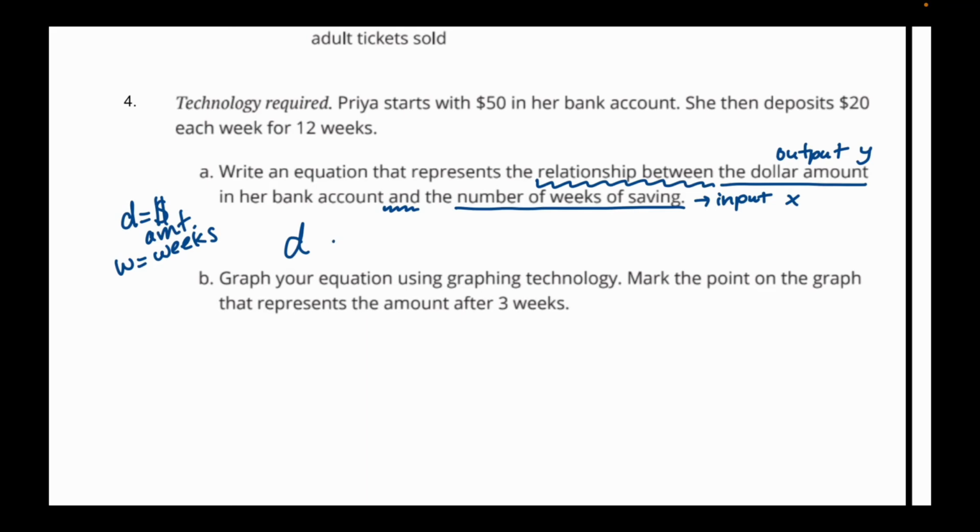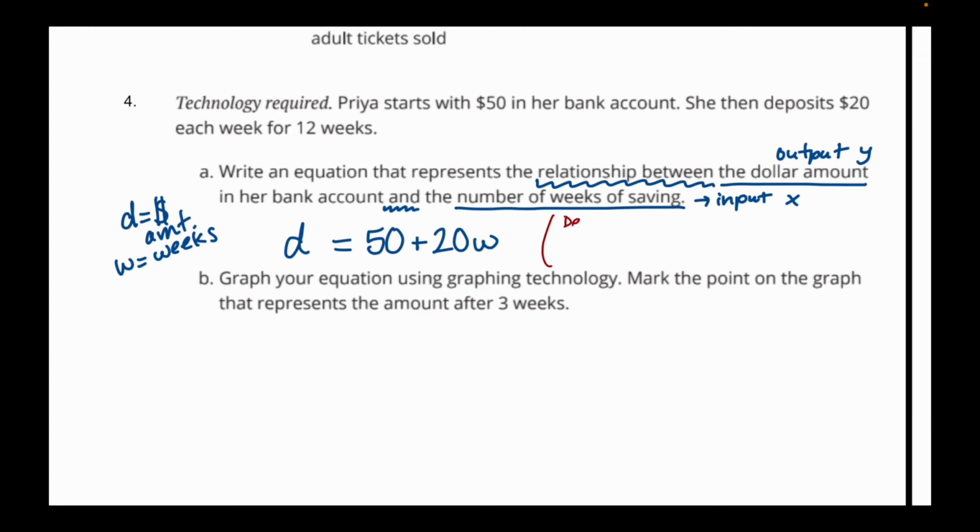Her dollar amount that she's able to save is equal to the amount of money she starts with plus, because she's adding an amount, she's depositing, that means she's putting money into her bank, $20 for each week that she's saving. So for Desmos, Desmos is going to require me to write this a little differently.